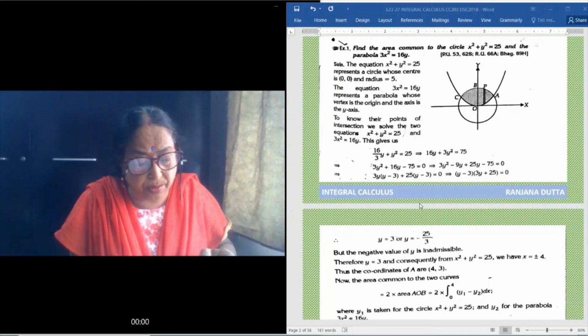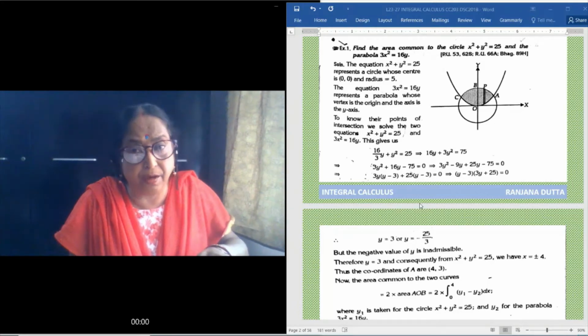This is the common area of the circle and the parabola.